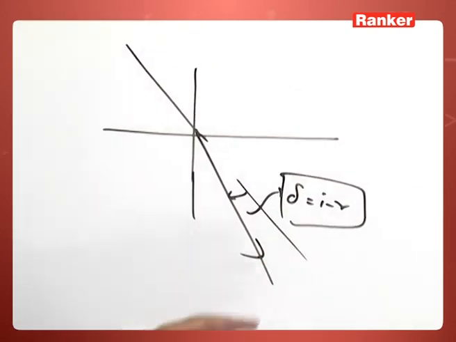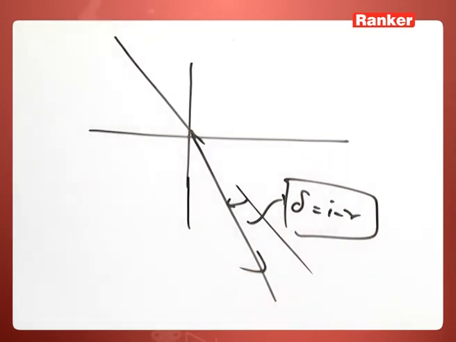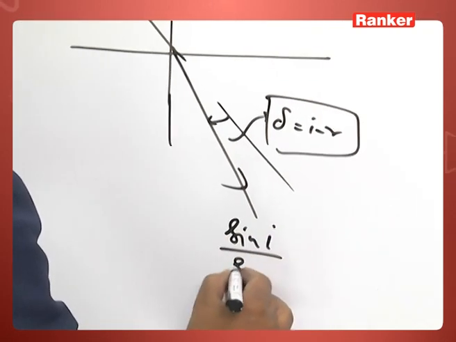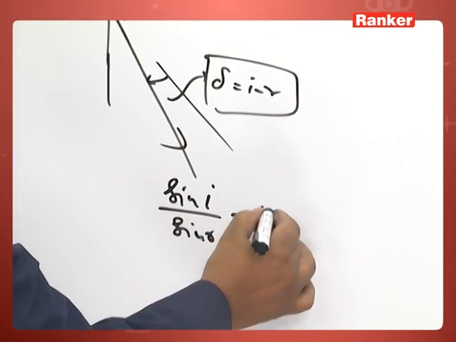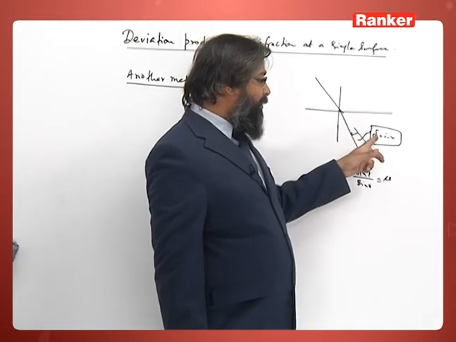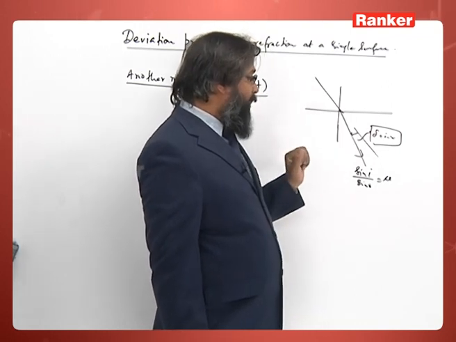So, we have to study how the deviation will depend on I, where I is connected as sin I by sin r is equal to mu. So, when I and r are connected by this relation and deviation is equal to I minus r, how will the deviation depend on I?